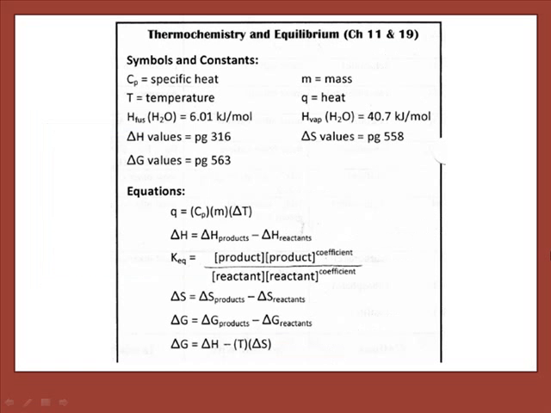This is your packet. It's a scanned part of the equation sheet in your packet. And I want to just draw your attention to a couple of things on here. First, it doesn't have this equation, Q equals N delta H. So you're welcome to put that in there, although I'm going to show you a way to solve these problems that doesn't require you to just kind of regurgitate stuff into that formula. But write it in there if you like.